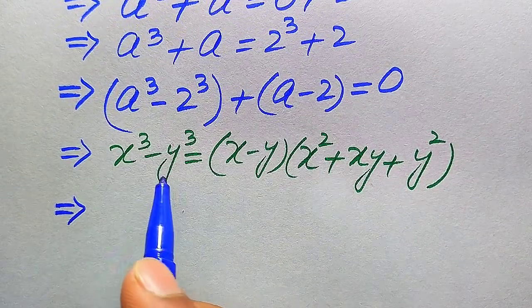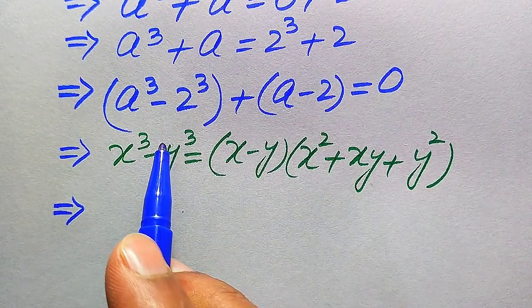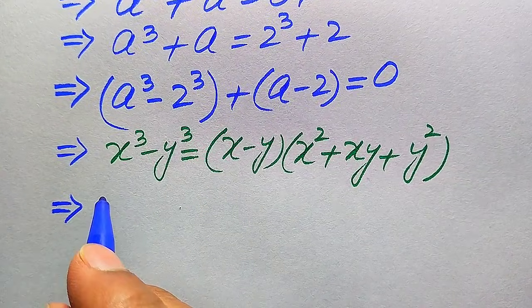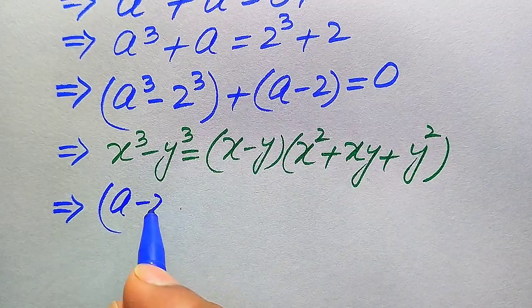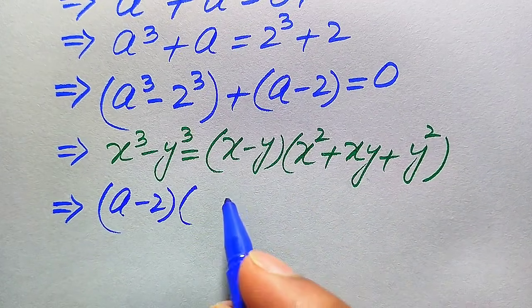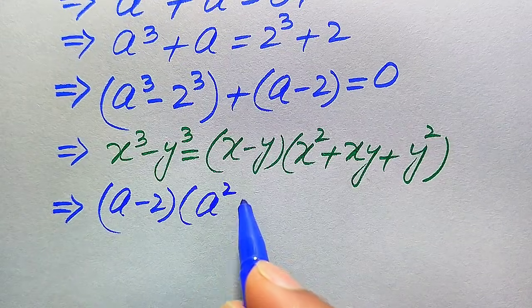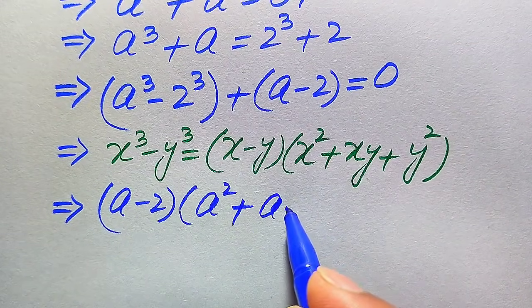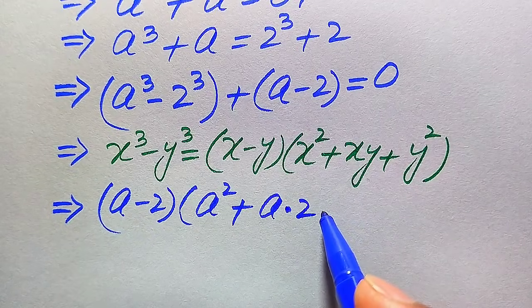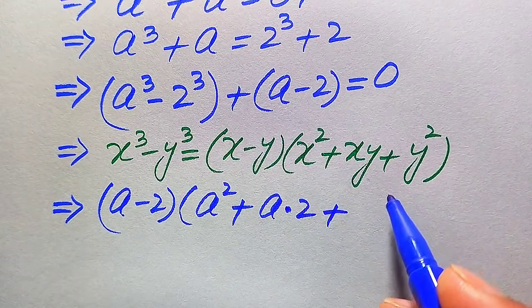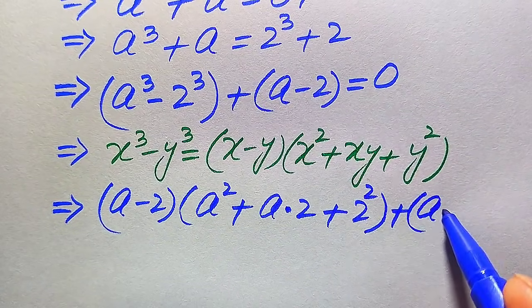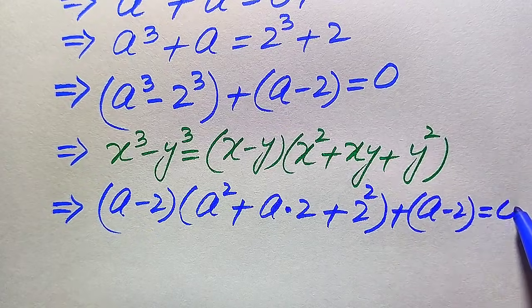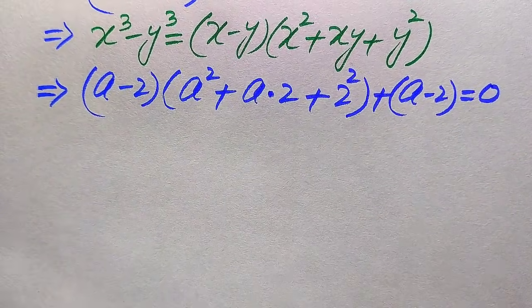So this is a cubed minus 2 cubed, and it will be written as a minus 2 times, this is x square, here our x is a, so a square plus a into 2, and plus this is y square, and y is 2, so 2 square, plus we have a minus 2, and this whole equation is equal to 0.